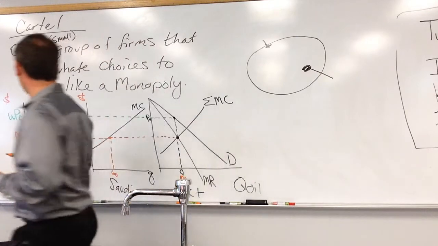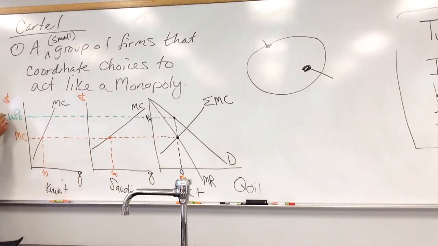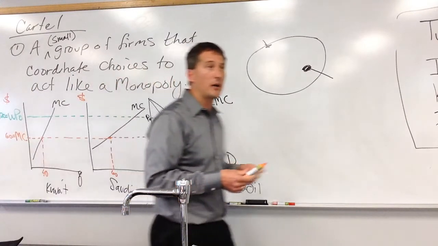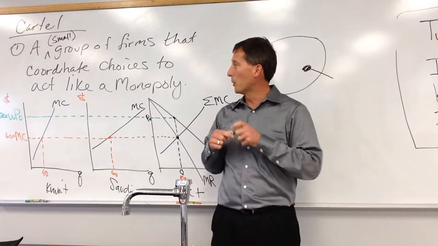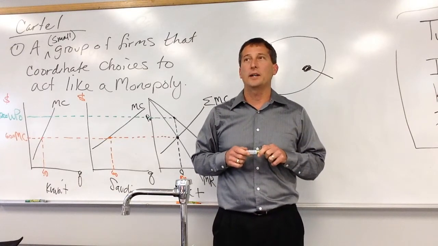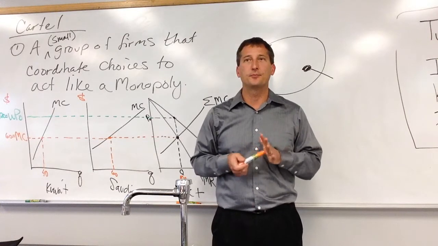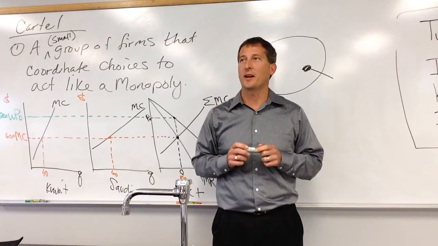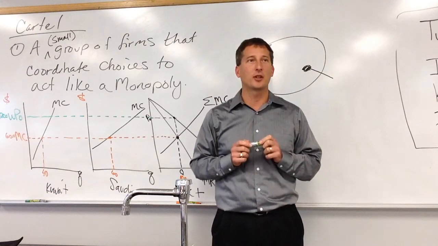So let's say that the world price of oil is $120 a barrel, and the marginal cost is 60 in each country. So the cost of an additional barrel in Kuwait is 60, the cost of an additional barrel in Saudi is 60. But the world price of oil is 120. Why do we see these agreements getting cheated on? What are the incentives in each country?